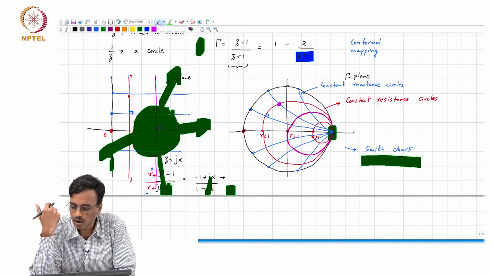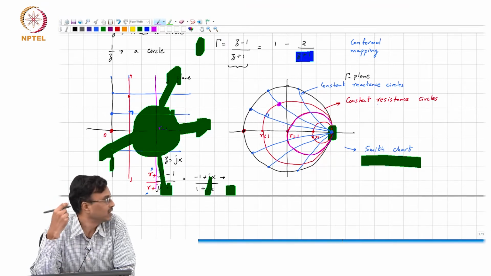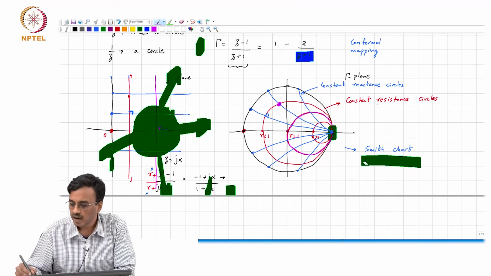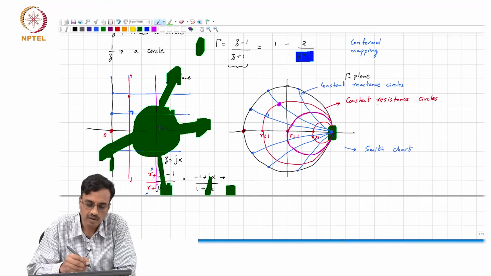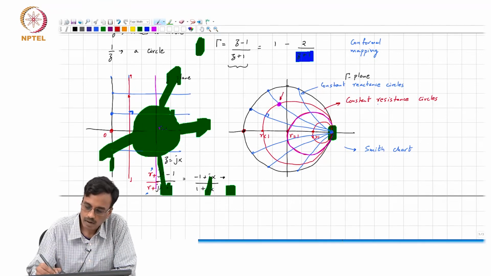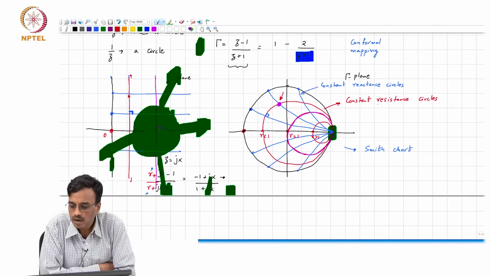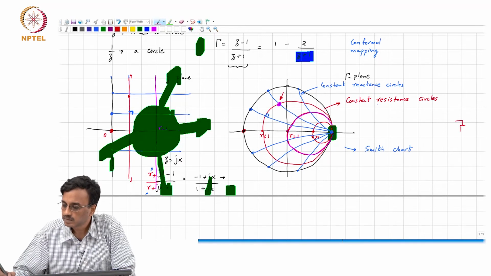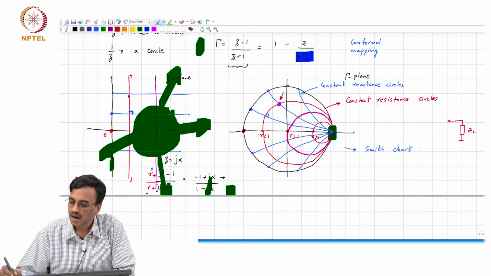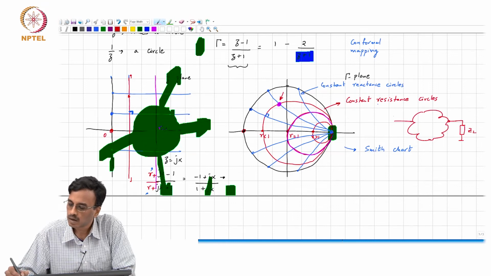And then it turns out, for instance, if you had an impedance here, and so this is ZL, and let us say I need to do something to make sure that this impedance is actually Z naught.